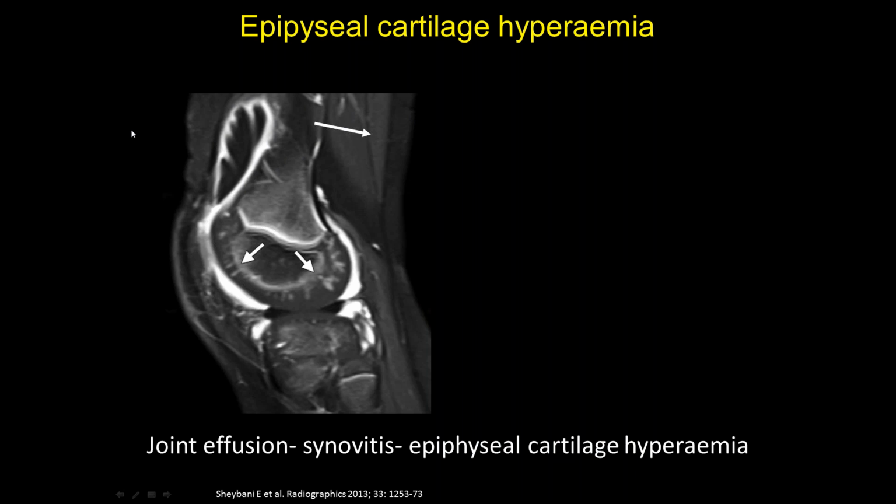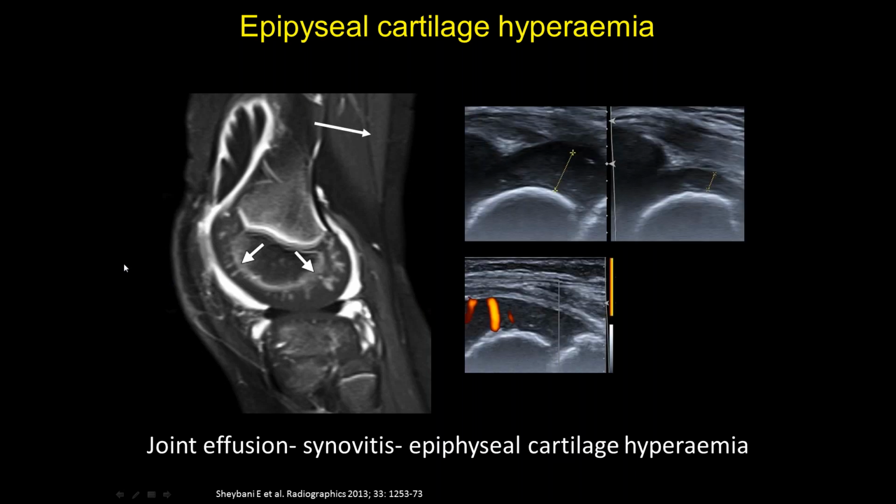But something that's quite nice that I would like to point out to you is epiphyseal cartilage hyperemia. So when we have a look at the epiphysis, we can see that there is a very, very intense vascularization there. And this is really typical. This is hyperemia. We can see this on MRI for sure, and it's really nice, but we can also see this on ultrasound. So this is a patient that we scanned a few weeks ago.